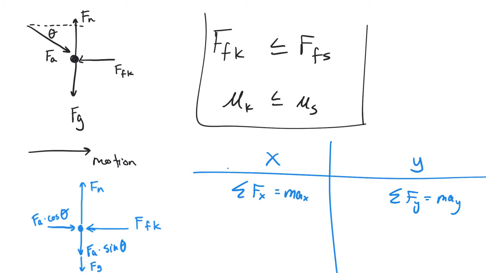What forces are acting to the right? Well, there's only one force acting to the right. FA cosine theta. So FA cosine theta becomes positive. And the only force acting to the left is friction. So friction becomes negative itself. And depending upon acceleration, we don't know what will happen there. But that's my x direction right there.